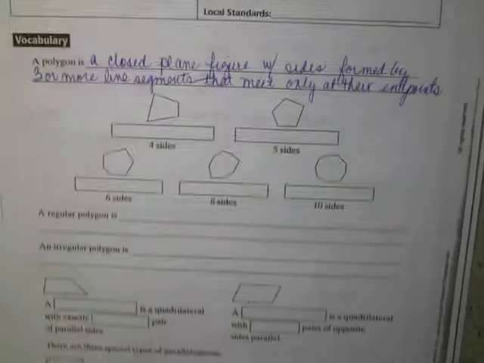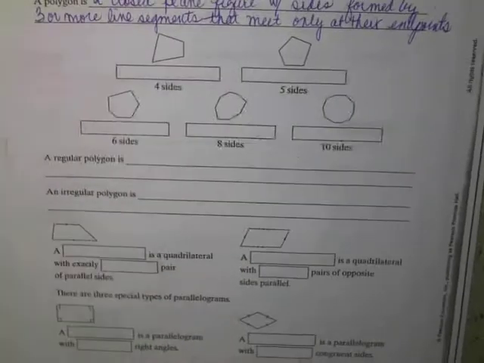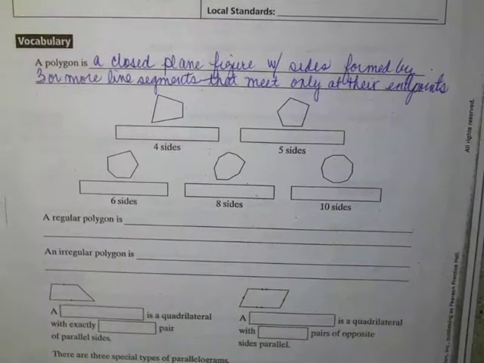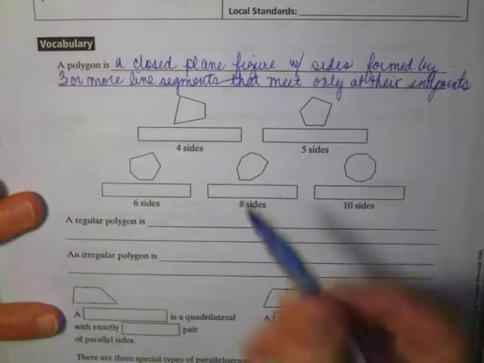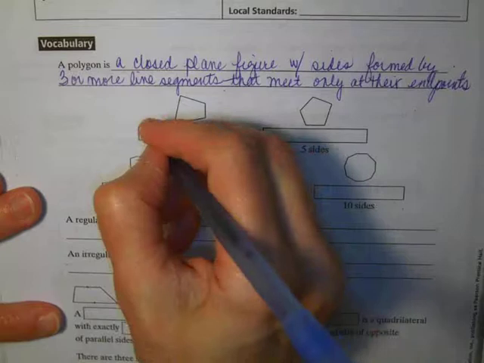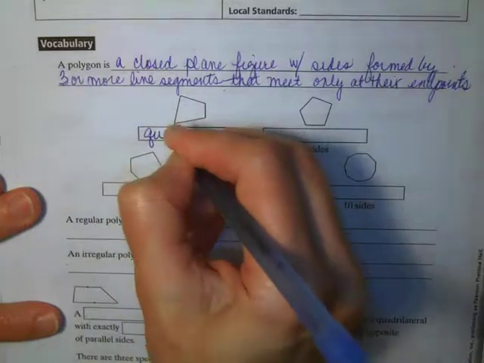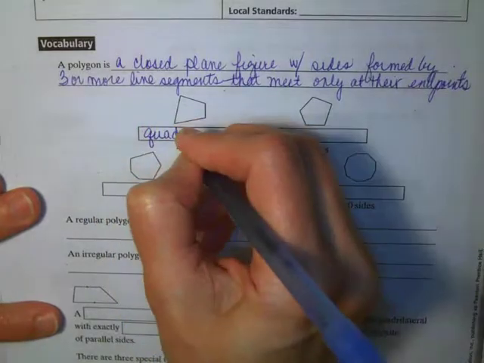Okay, so let's get started. We'll start off with some rather generic definitions and then get into some that are a little more complicated. Okay, first of all, anything with 4 sides can be classified as a quadrilateral.